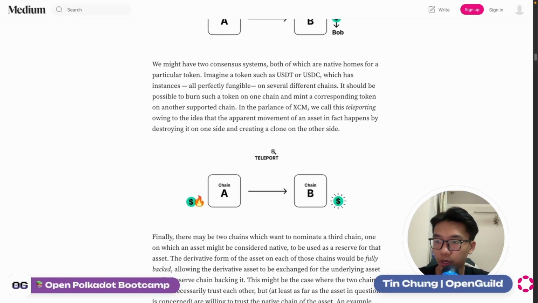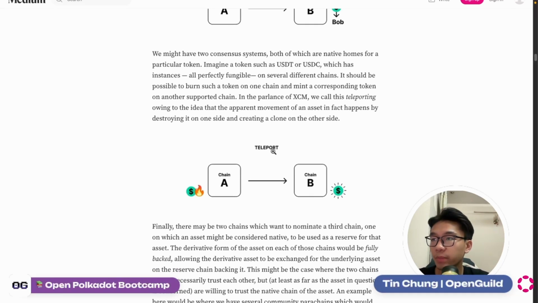Then there is another use case called teleport. Teleport is very common in the blockchain world, where you mint a token on one chain and burn the token on the other chain. It simply has the token teleport from chain A to chain B, because it disappears on chain A and then reappears on chain B. So imagine a token such as USDT or USDC, which has instances that are perfectly fungible on several different chains, and it should be possible to burn such a token on one chain and mint a corresponding token on another supported chain.